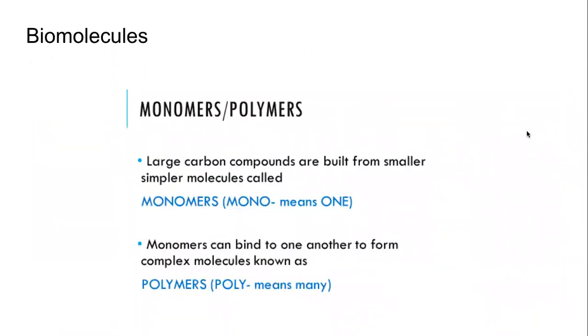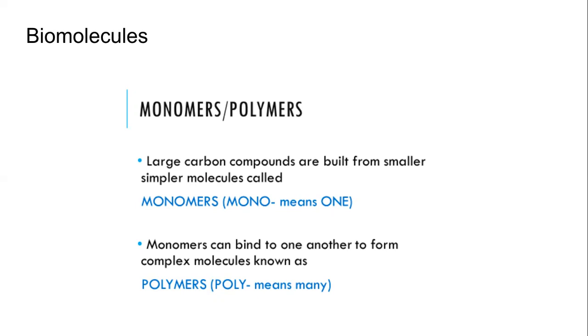One thing that we will also be talking about and we'll see a lot are some monomers and polymers in biomolecules. So we will be talking about, for example, DNA, and those are large carbon compounds, but those large carbon compounds are made from smaller, simpler molecules, and those simpler molecules are called monomers.